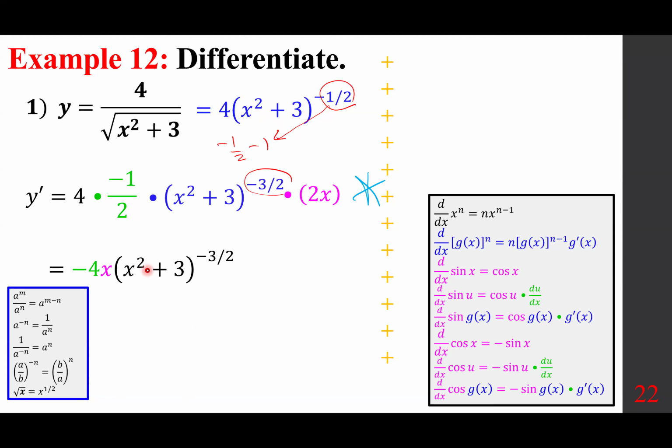Now, this goes down to the power of +3/2 and becomes the square root of x squared plus 3 to the power of 3 under the radical. I hope no one has any problem from here to here, okay? And so on.